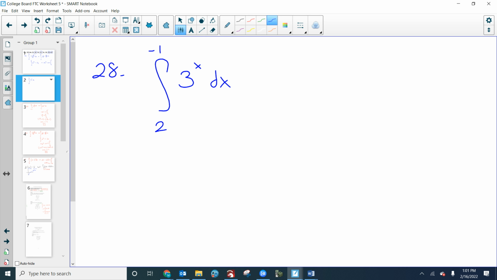All right, as far as things that bother you in this problem, did the negative 2 to negative 1 bother you? Do you recognize it's reversed? Should we unreverse it? No, it'll work itself out. Okay, you don't have to do anything to it. It'll work itself out. Second thing, does the 3 to the x bother you?